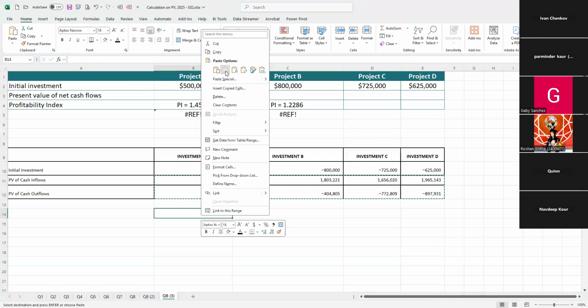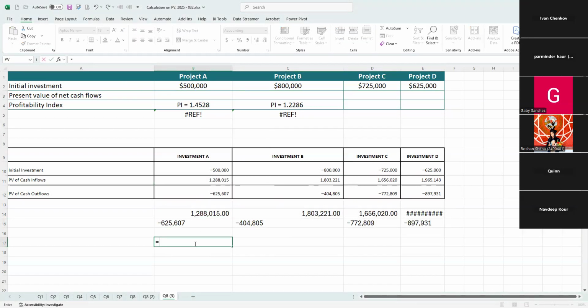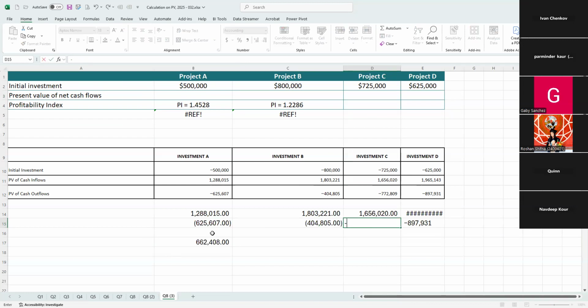Let's trick the system. Negative 625,607, and negative 404,805, and negative 772,809, and negative 897,931. So I have the numbers now.